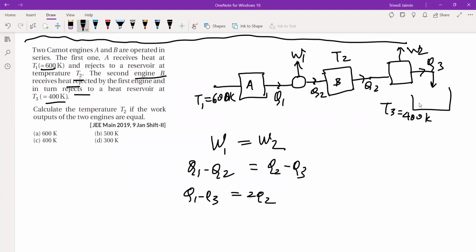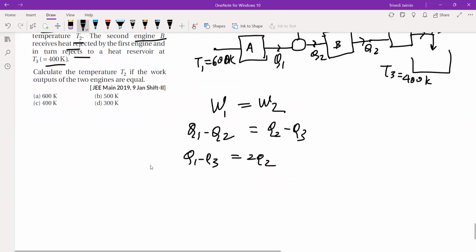So do we have Q1, Q2? We don't have, right? We have only temperatures. Fine. Then let's convert this to temperature. How to convert this one to temperature? By the ratios, simple. So Q1 by Q2 minus Q3 by Q2.